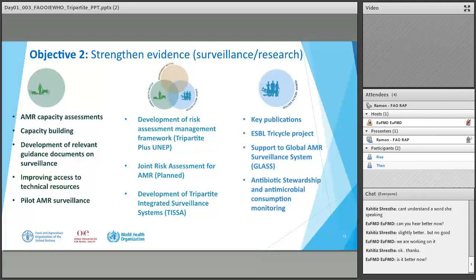There are a lot of standards related to antimicrobial resistance, antimicrobial resistance surveillance, antimicrobial usage surveillance, and things like that. So we help them, as well as support them to pilot these AMR surveillance activities, as well as help them to report.